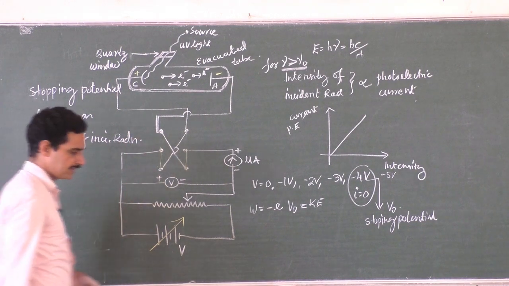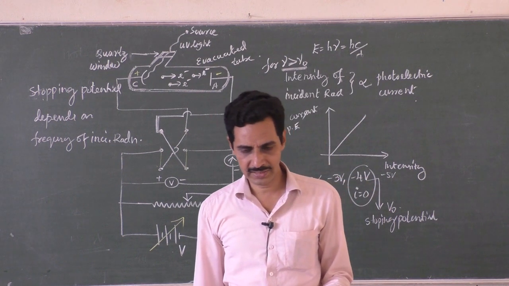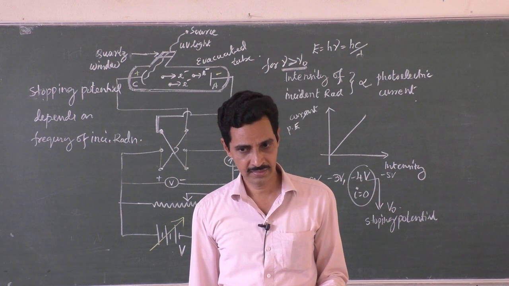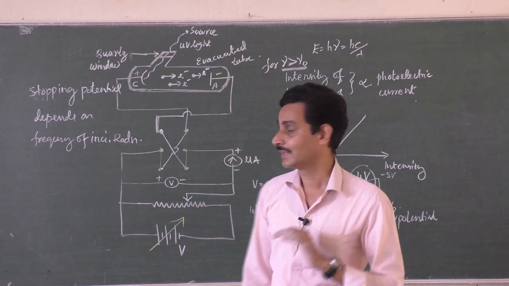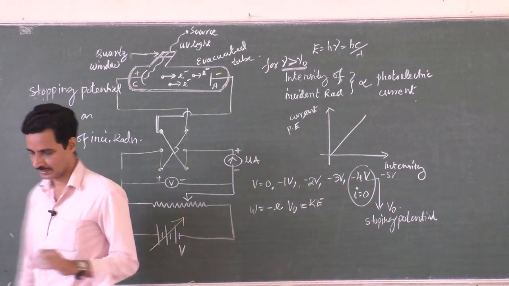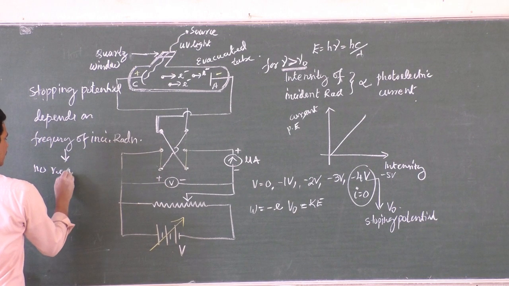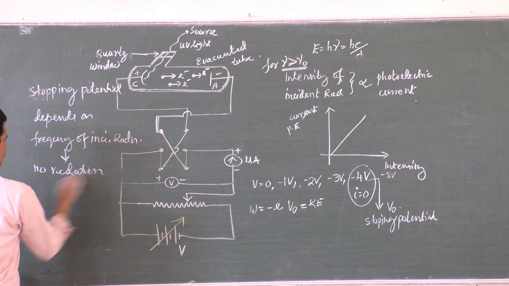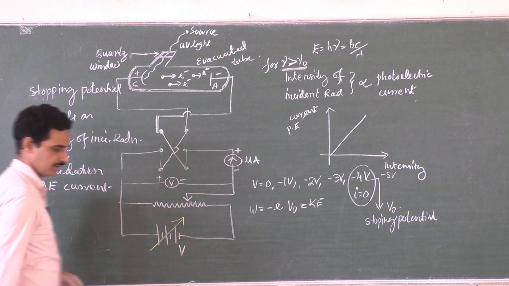The frequency of incident radiation decides the kinetic energy of emitted electrons, the remaining money, and that in turn decides the stopping potential. But it has nothing to do with the photoelectric current. It has no relation with the photoelectric current. You see the beauty?